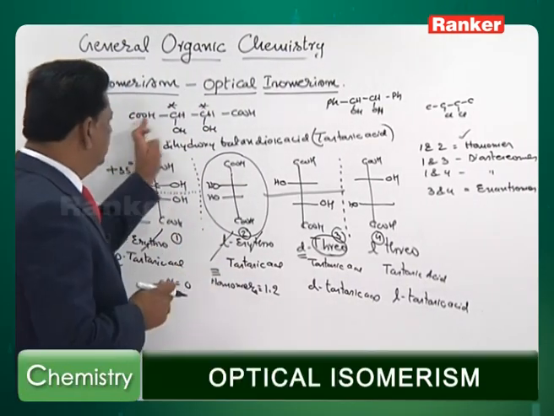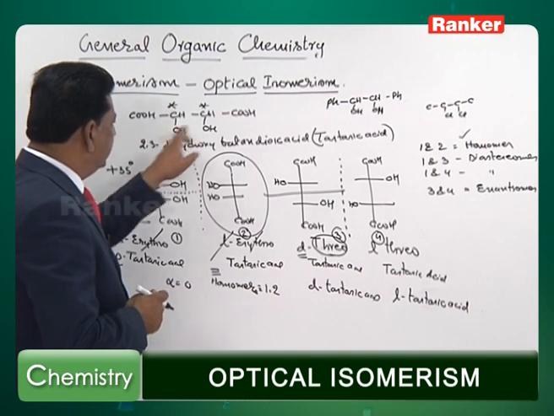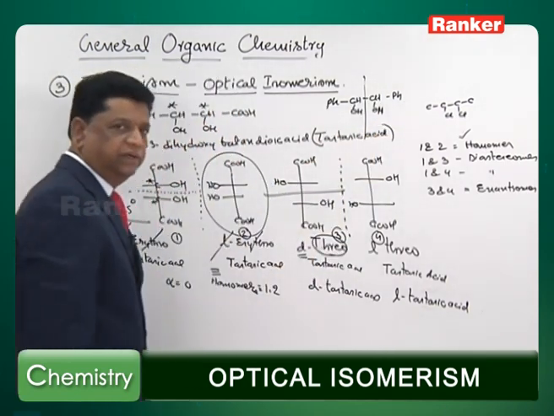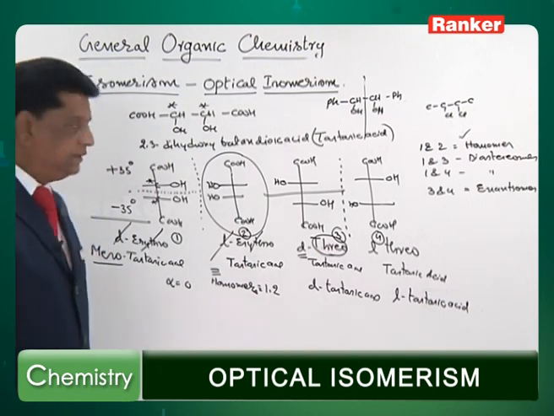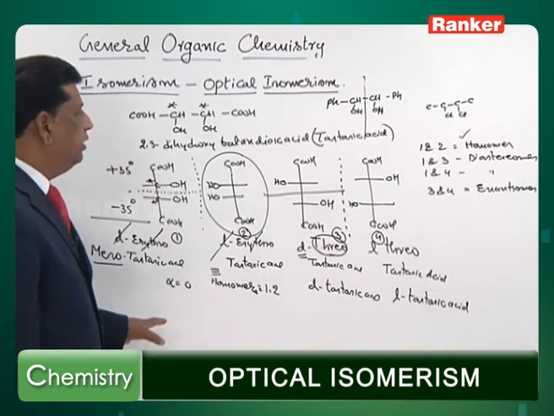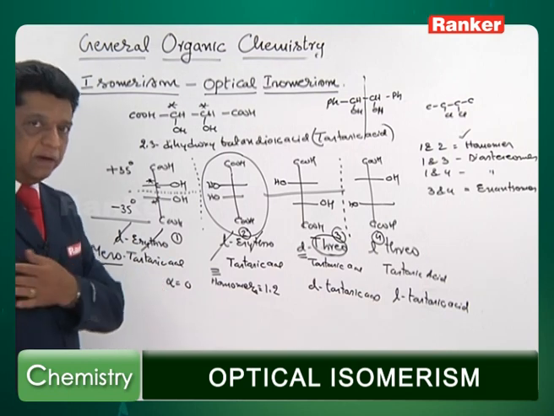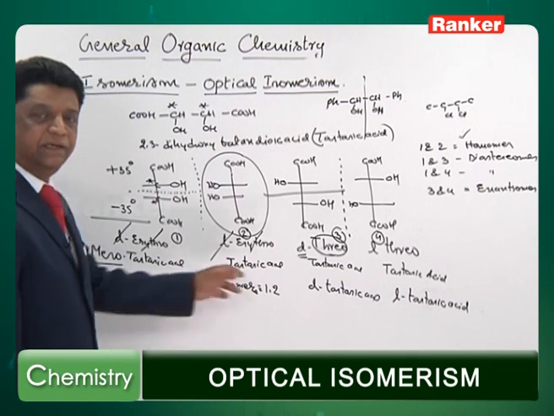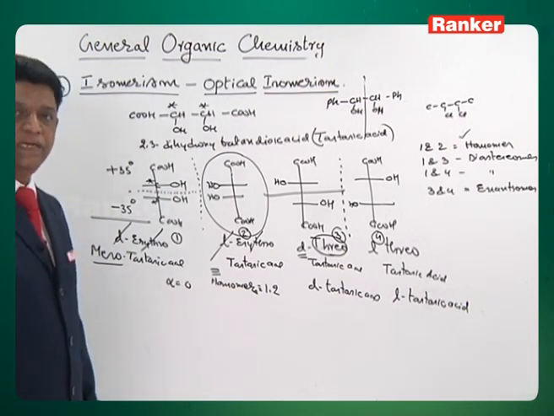Both the end groups should be identical. There is a line that cuts exactly in half. In such cases we are getting this type of meso compound, and the expected 4 isomers are not obtained, because one isomer is gone, repetition. So therefore we are getting a smaller number of compounds.